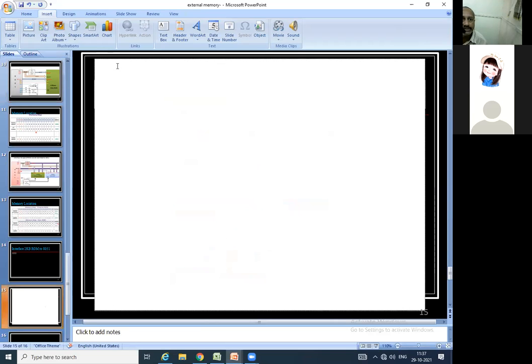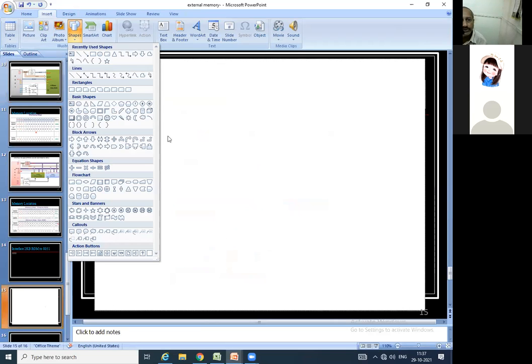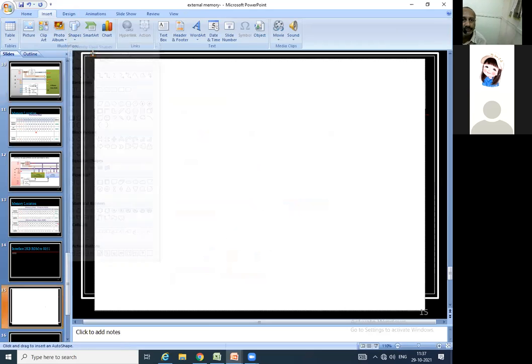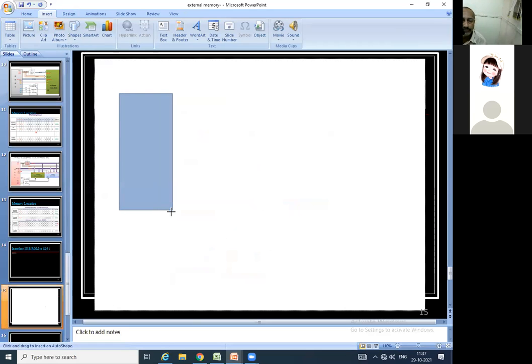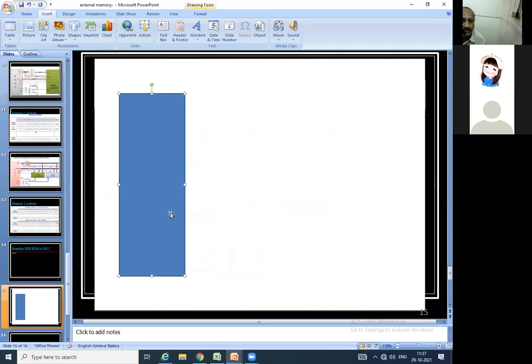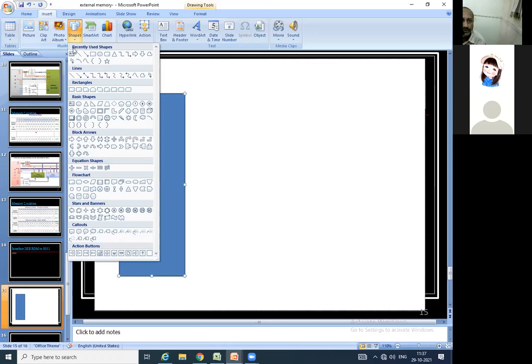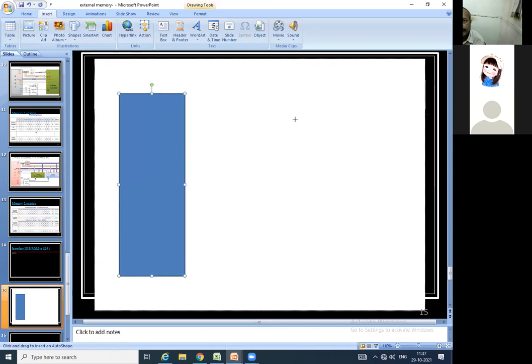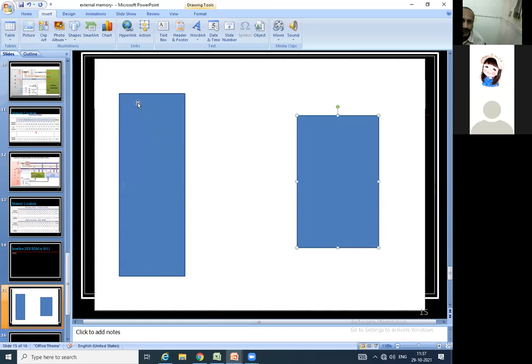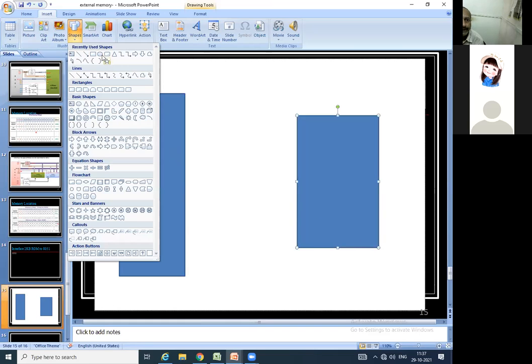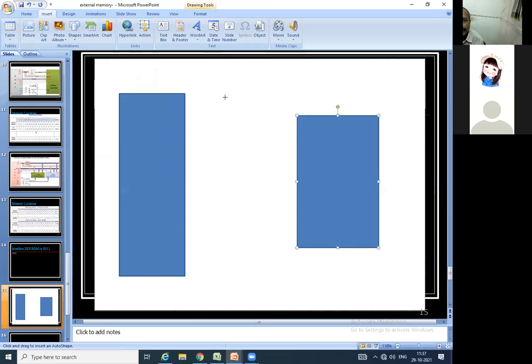So for our sake, I will try to make that here. Suppose this is an 8051 block. This is the memory, 2 KB, and here is the buffer, this IC 383.